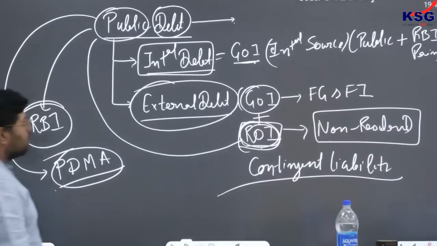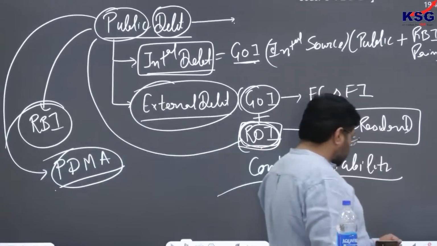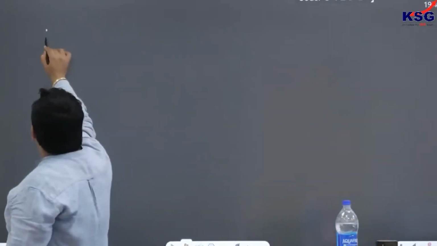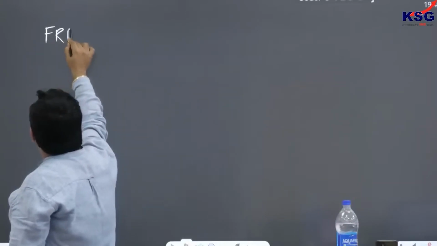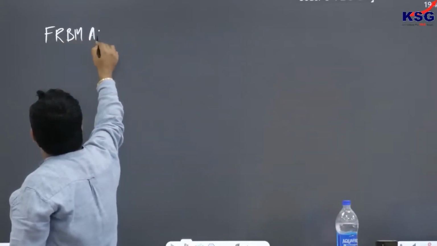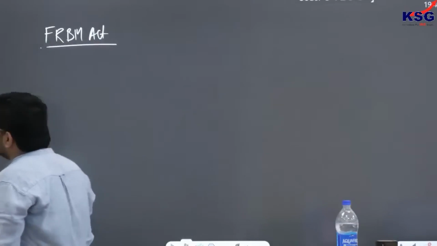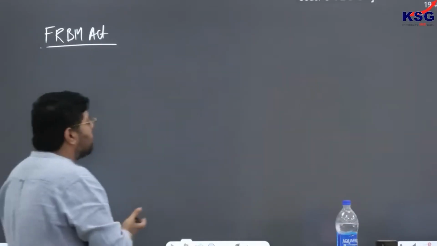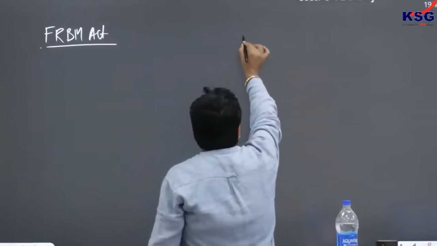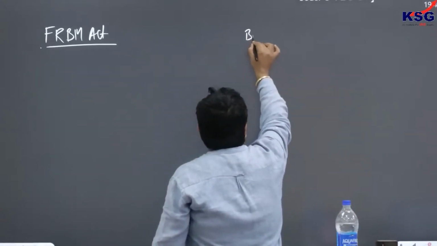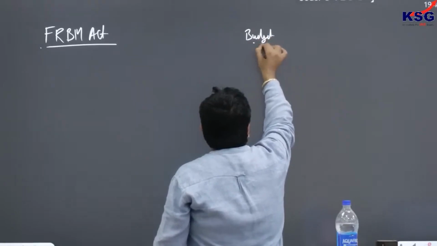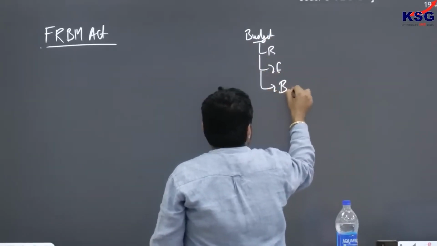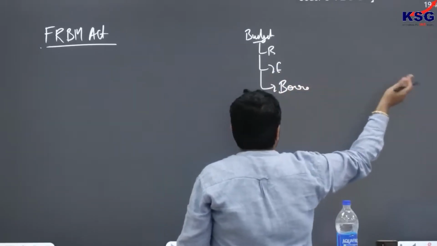Now come to the next thing. FRBM Act. Before I talk about the FRBM Act, we have seen that when we talk about the budget, we talk about receipts, expenditure, and borrowing, that is, what we are going to take.